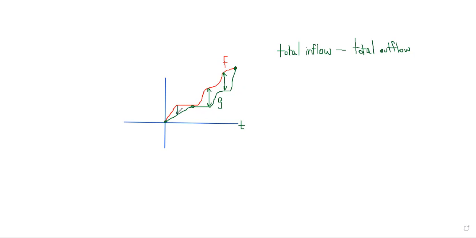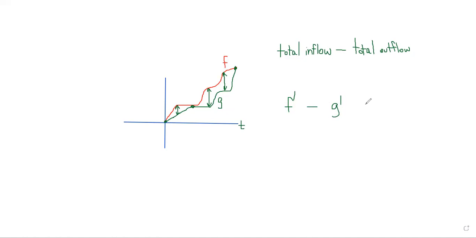Now, I could do the tedious job of plotting f minus g. That is very tedious. Or I could use the information that I've been given. I actually was given in this problem f prime and g prime. So even without knowing f and g, I know that I can get a maximum by finding the critical points.